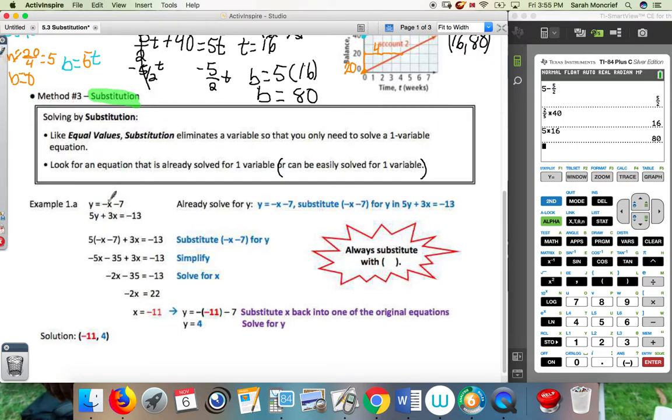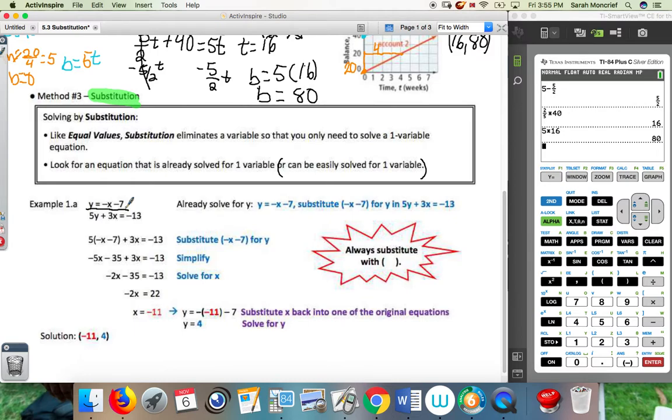Between these two, do we have one variable on its own side with nothing else connected to it? We do. We have y is equal to negative x minus 7.